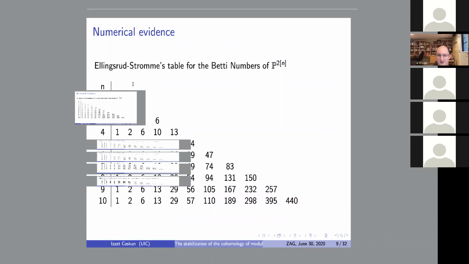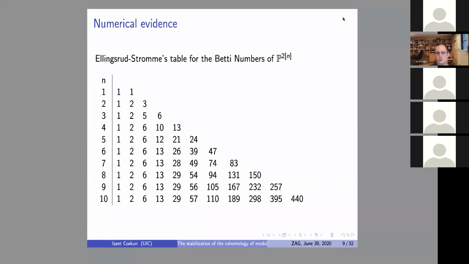In codimension 2, the 4th Betti number, we saw that once you got 4 points, you got 6, and it was always 6. Then you see that it becomes 13 and 29 and 57 and so on and so forth, right? So we already know that they have to stabilize, and we saw a few of them by just counting, and you see that they stabilize.